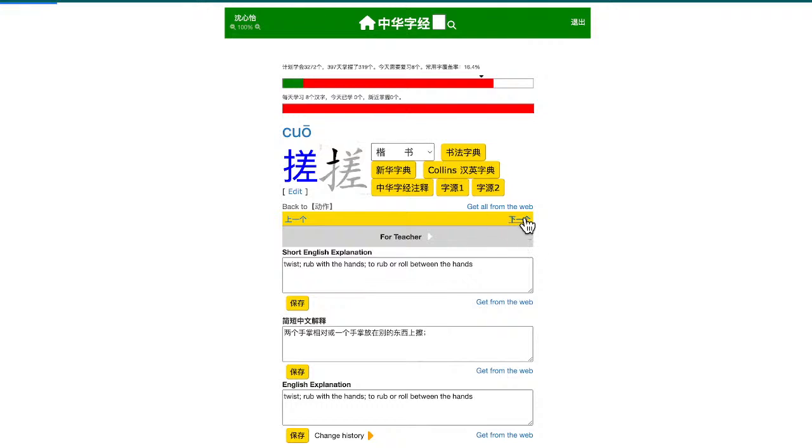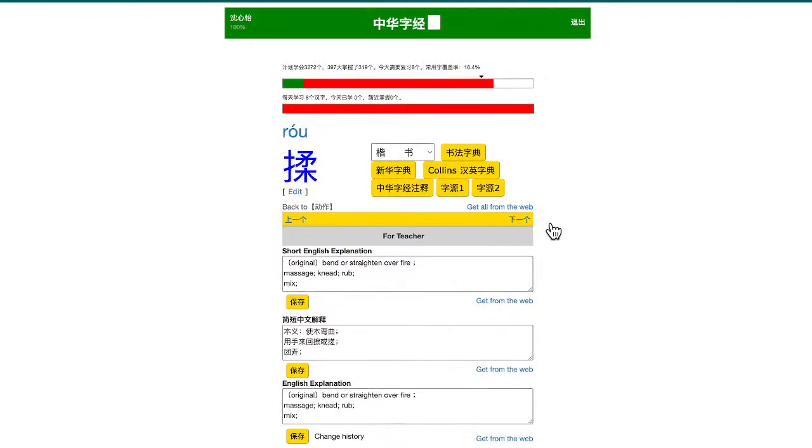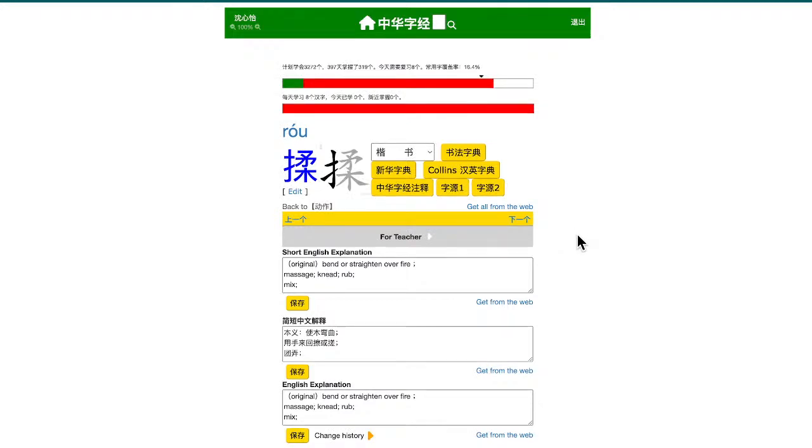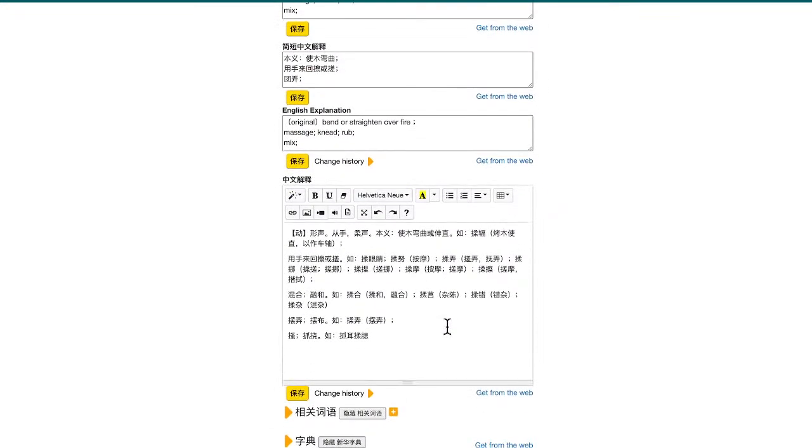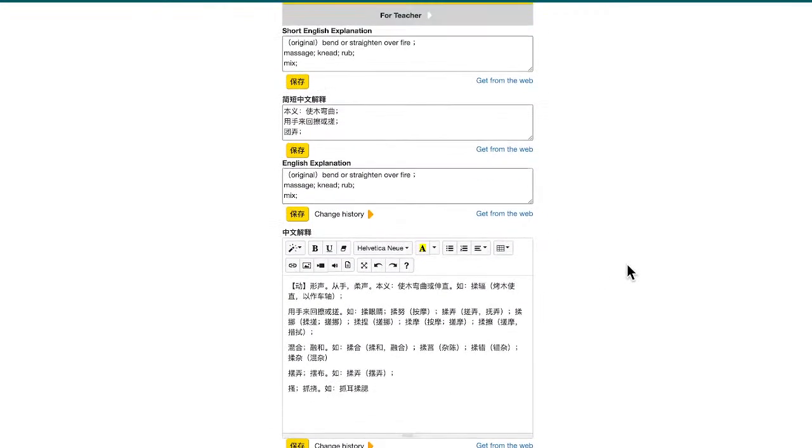Next one, 揉. 揉's original meaning is either to bend or to straighten over fire. That's the very original meaning. So this is a process.